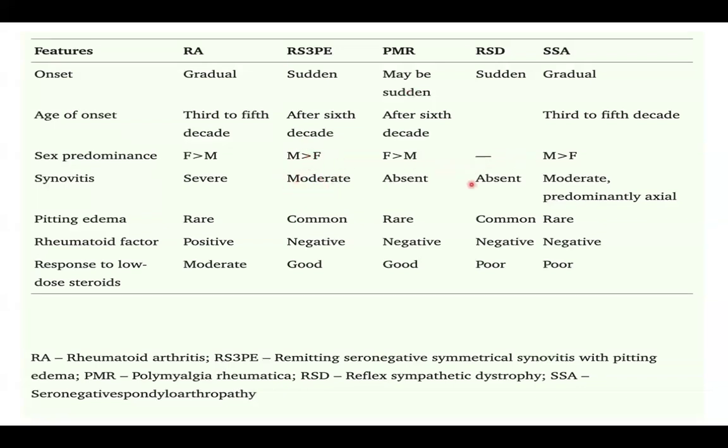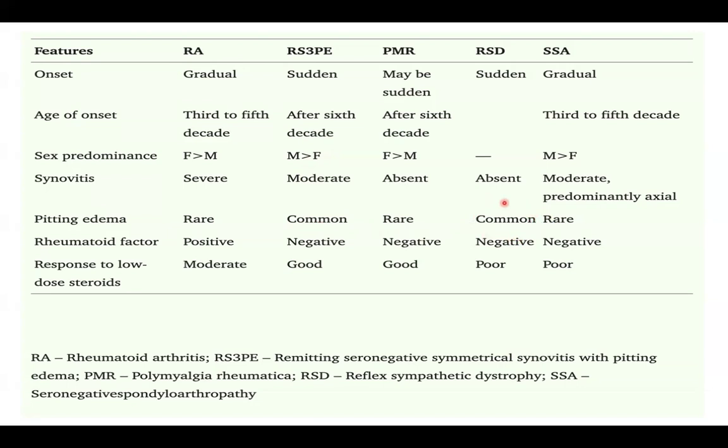In reflex sympathetic dystrophy, it is also sudden onset, but synovitis is absent. The significant thing is that in rheumatoid arthritis there is no pitting edema. In RS3PE, pitting edema is always present, and it is also common in reflex sympathetic dystrophy.